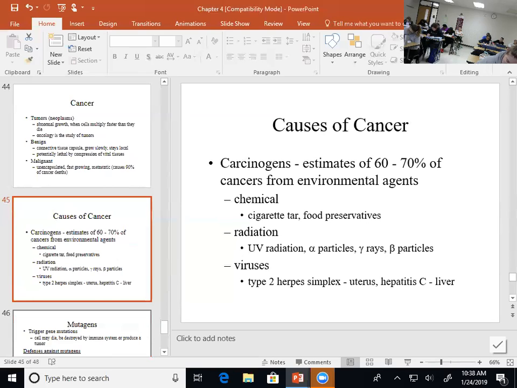There are more than 100 different serotypes of HPV. HPV viruses cause skin tumors called warts, but you can be exposed to HPVs and never have a wart, but it could still be in your tissues.